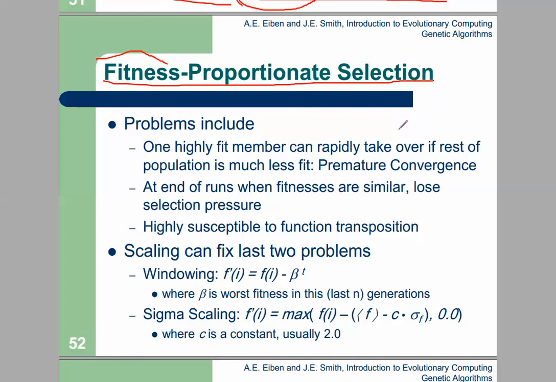But when you use fitness proportionate selection, the higher the fitness, the more chance to be selected for the next generation. In other words, a high fitness element has more chance to be selected.